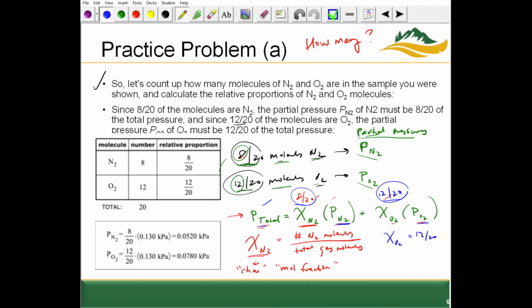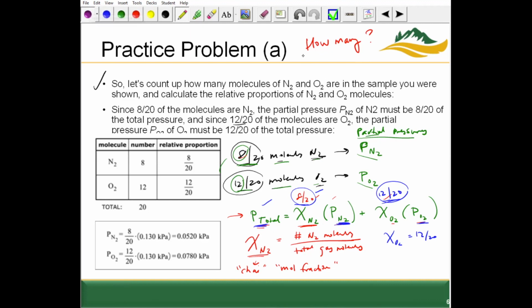The partial pressure from N2 is from the fact that there are 8 out of 20 N2 molecules. So 8/20ths of the total pressure is our pressure from N2. The other portion of that total pressure has to come from O2. That is 12/20ths of this total pressure is from O2.